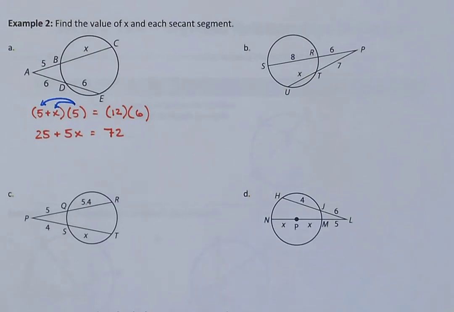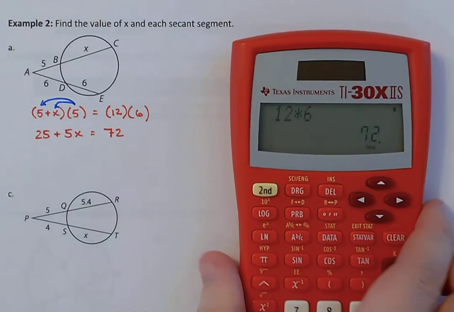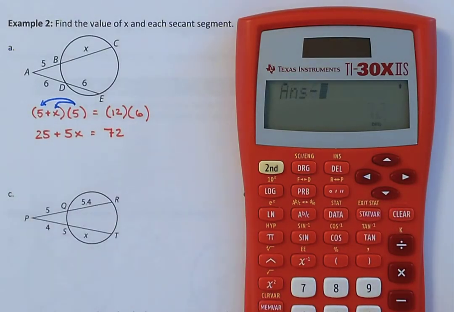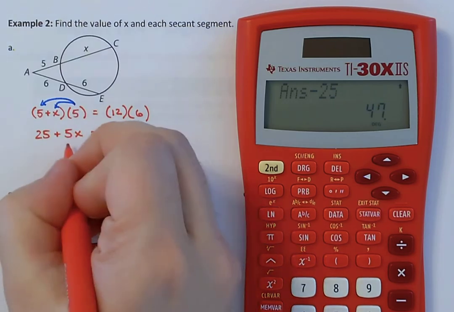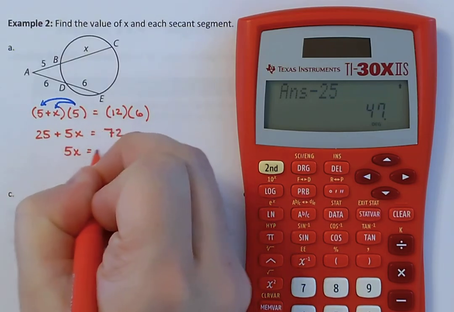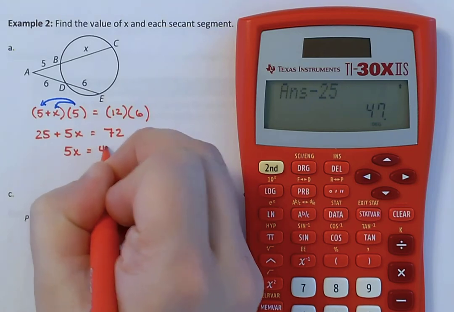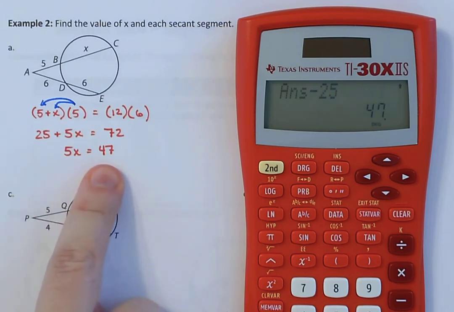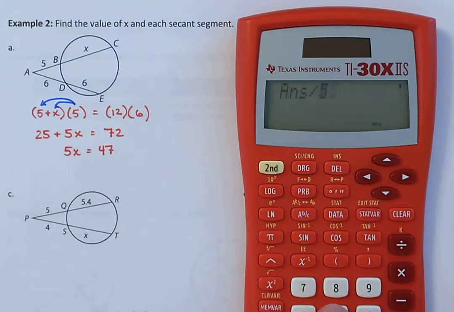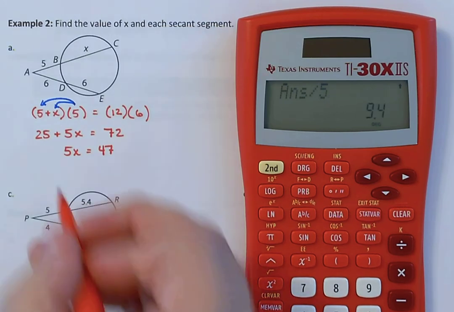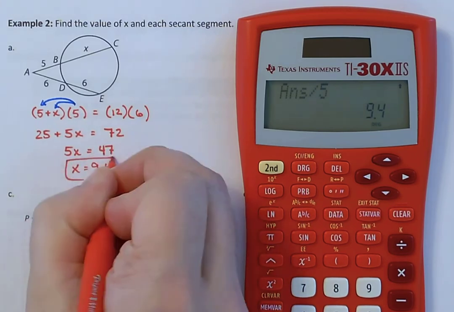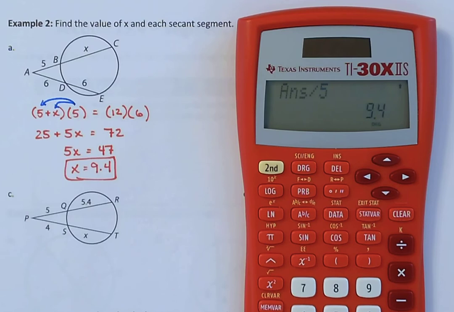So what we're going to do next is solve like normal for x. So first step is to subtract the 25 from the 72. So 72 minus 25 gives 47, so 5x equals 47. And then to solve for x, we're going to divide 47 by 5. So 47 divided by 5 gives us 9.4. And that is the value of x for part A.